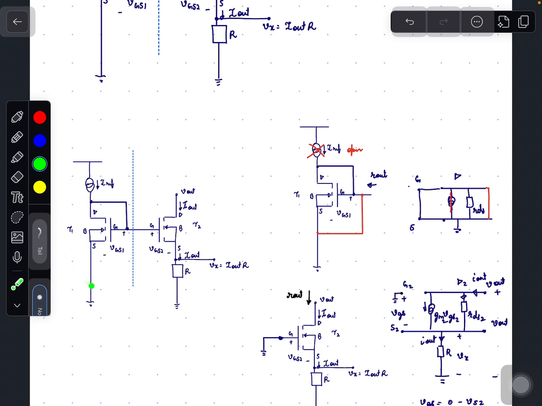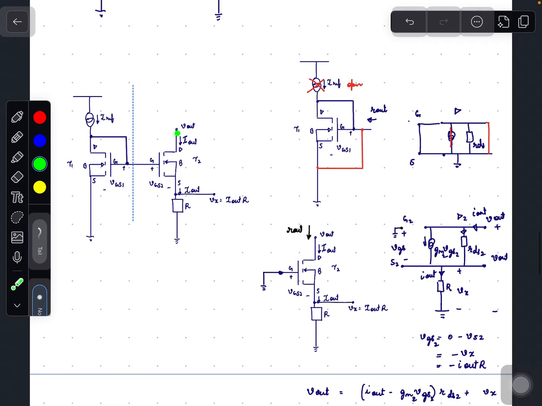If we consider this part of the circuit, the constant current source can be opened and the gate to source voltage can be shorted, since gate to source voltage is a constant. So when we short, gate to source is shorted, gate to drain is shorted, drain to source is shorted, so this circuit can be neglected.